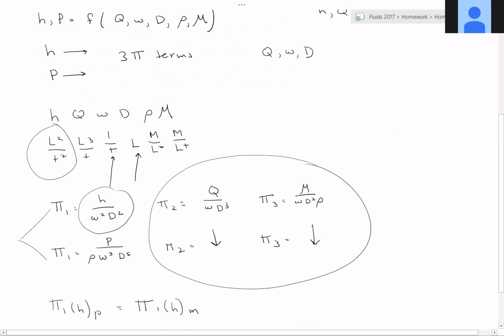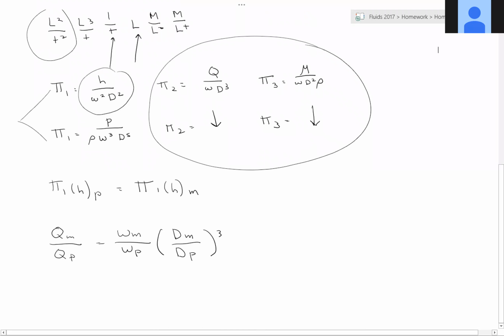And again, let's go back to our pi groups. So again, if we look at these pi groups, pi 3 is not going to help us because we're just going to get a relationship. The mu's are going to cancel out and the densities are going to cancel out.